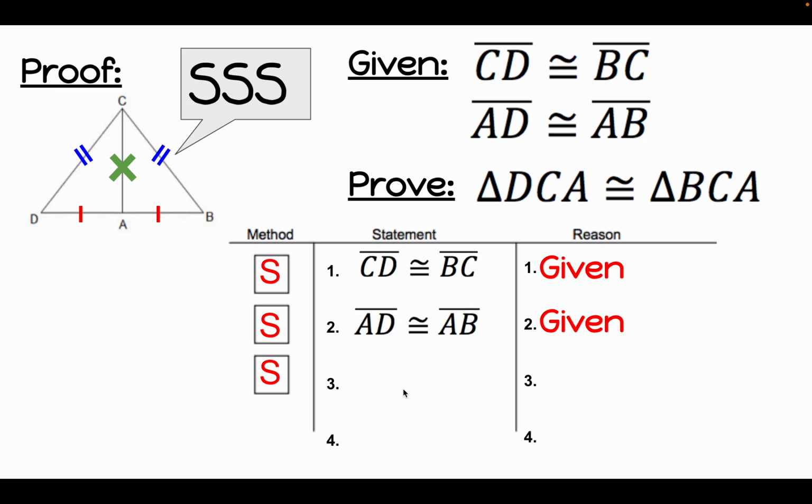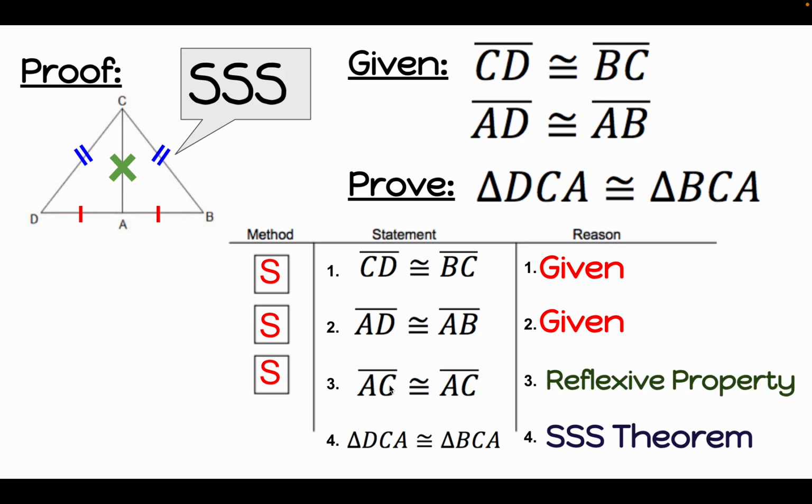The first 2 sides are given from the top. And we're going to add AC is congruent to AC. It's congruent to itself, so reflexive property. And we always end with what you're supposed to prove. So you copy the proof: triangle DCA is congruent to BCA using the SSS theorem.